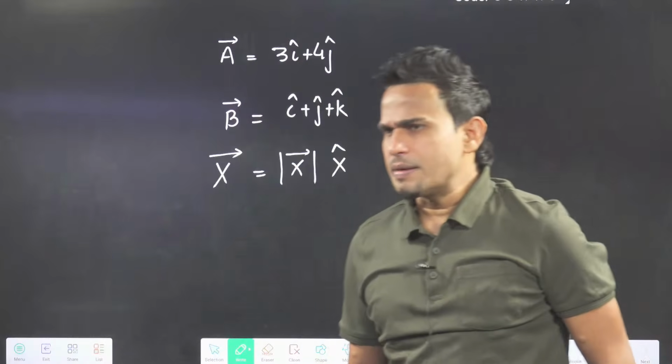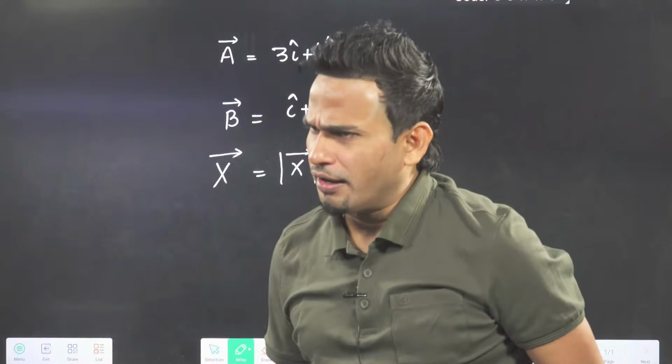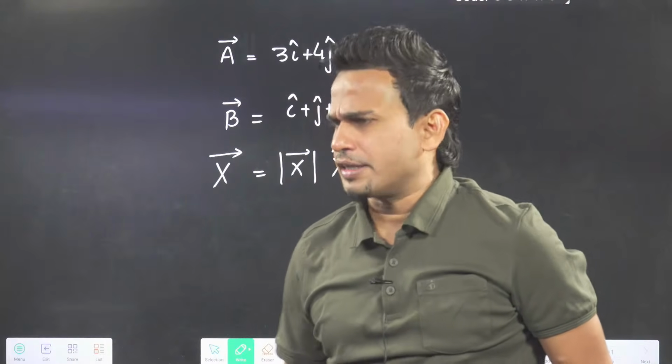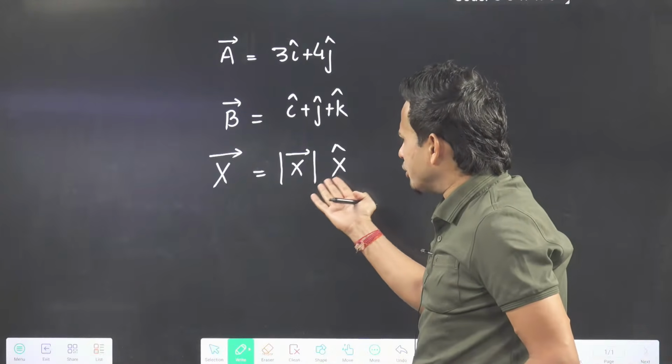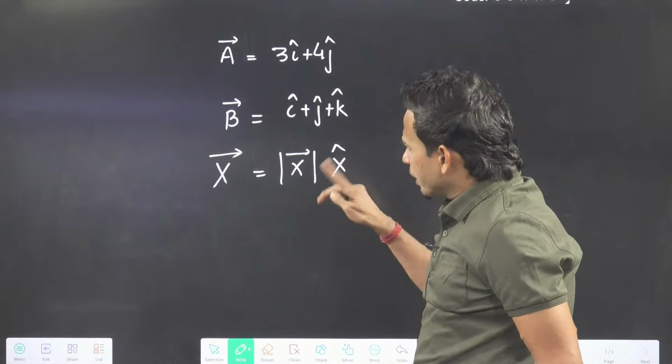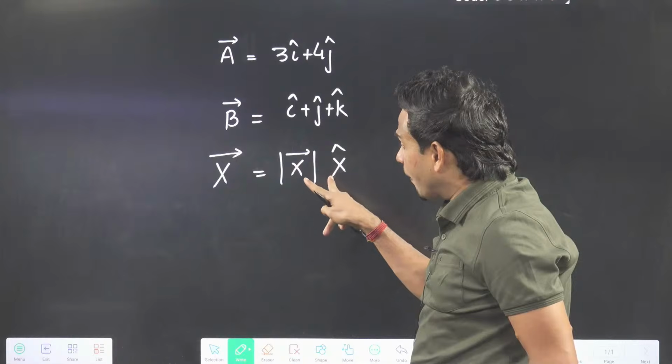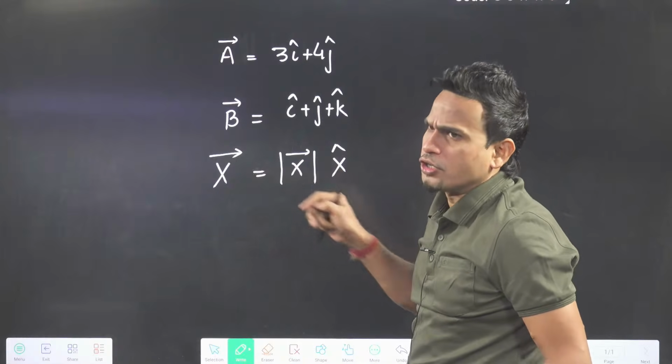I will simply say, sir, you are asking me to find a vector. I don't know that vector, so let's assume that vector to be x bar. Now x bar will have what? Magnitude and direction. If you read the question, they are talking about magnitude and direction both of the new vector.